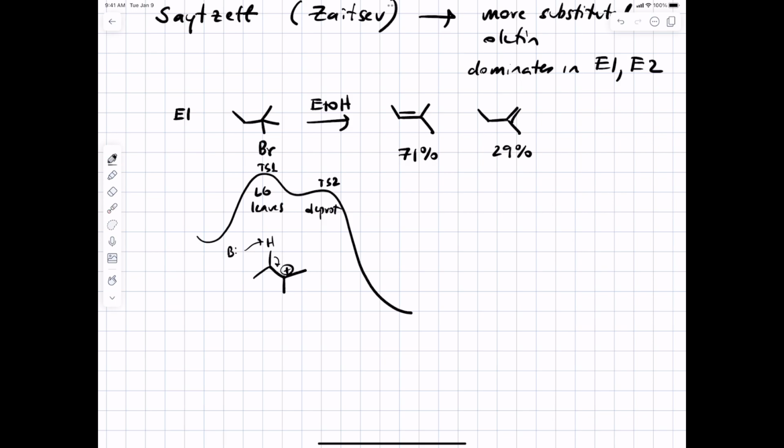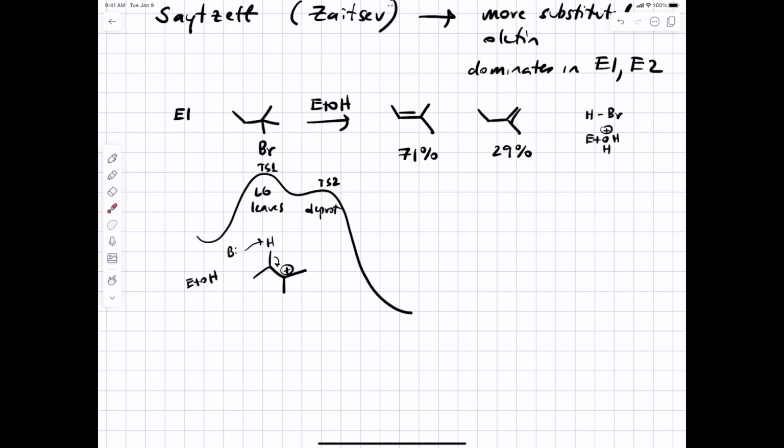The explanation I often use is that in this E1 reaction, following along with the solvent, following along with the mechanism, the thing that's the base here is either the departed leaving group or the solvent, which means in the end, you either make HBr or you make the conjugate acid of ethanol.